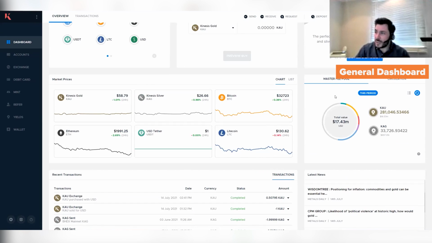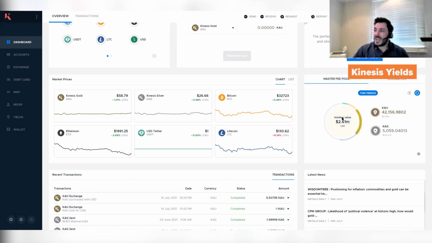I'd like to draw your attention to this section here. This is to do with Kinesis yields, which makes Kinesis quite special. Kinesis gives holders of physical gold and silver a yield, an earning on holding gold and silver with us or participating in a range, but I'll just focus on holding for now.